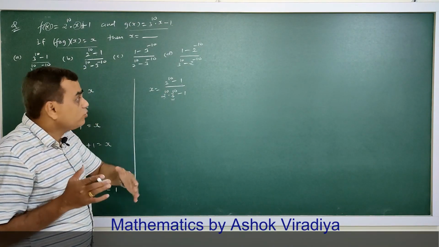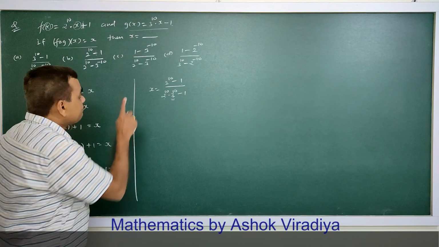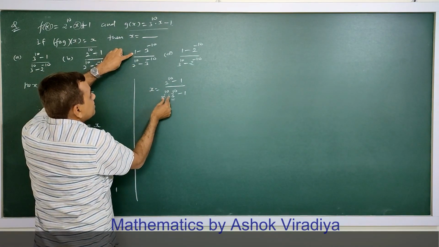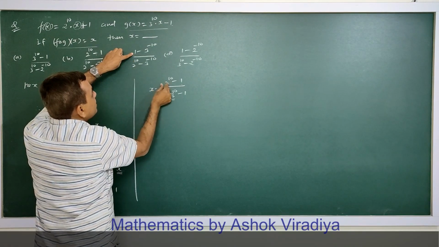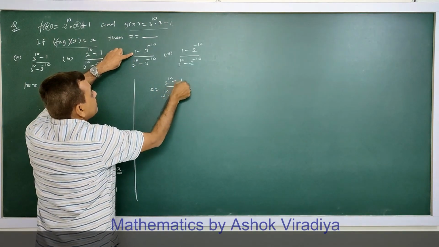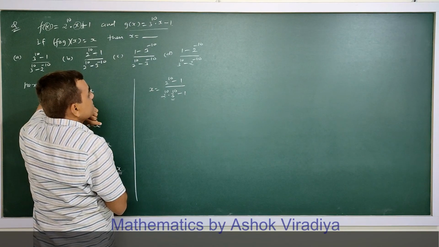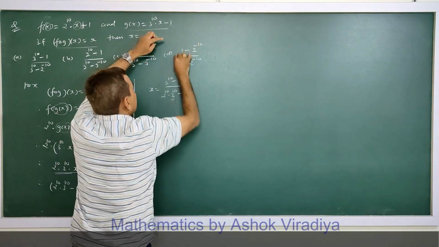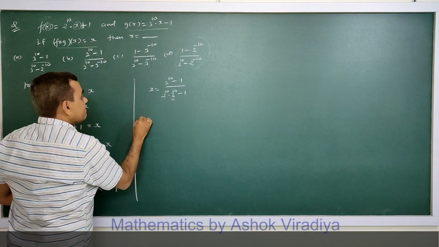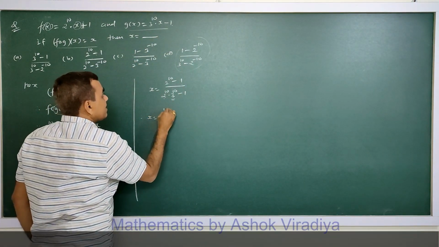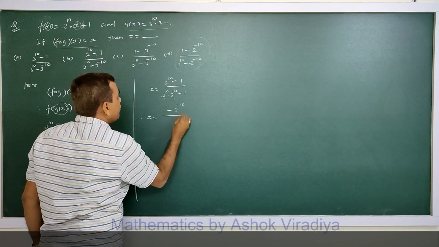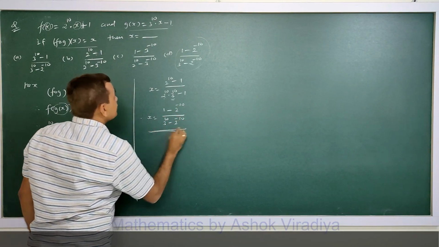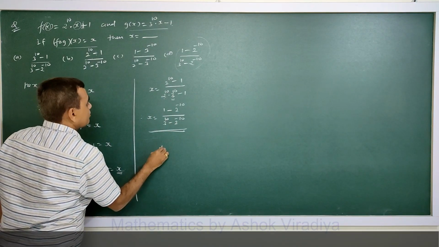We require the value in the given form. If we divide by 2 raised to 10, then 1 minus 2 raised to minus 10 will appear in the numerator, and this will be removed. So this will be the answer. Dividing by 2 raised to 10, we get (1 minus 2 raised to minus 10) upon (3 raised to 10 minus 2 raised to minus 10). So this is option D.